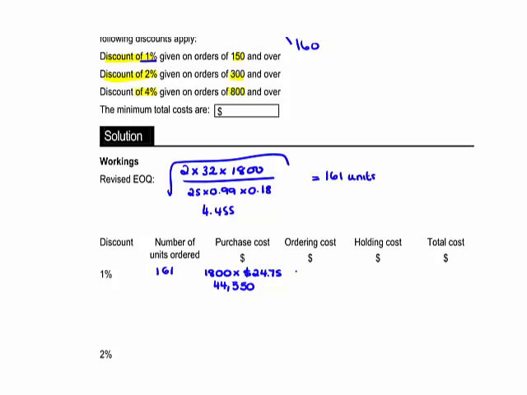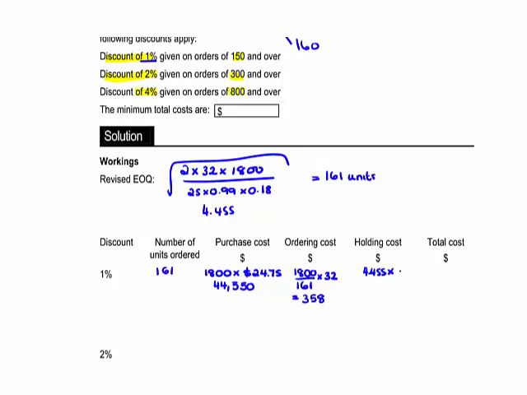The ordering costs then will be the number of orders, and if we're ordering 161 at a time, that's going to be just over 11 orders at a cost of $32 per order, so $358.